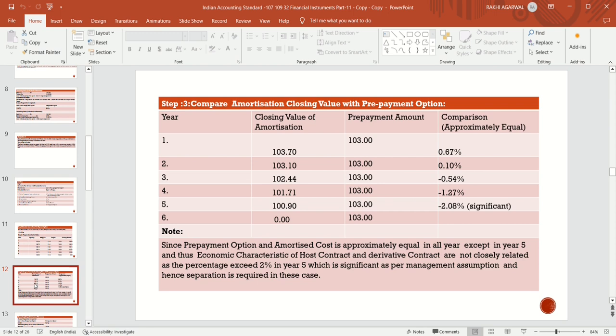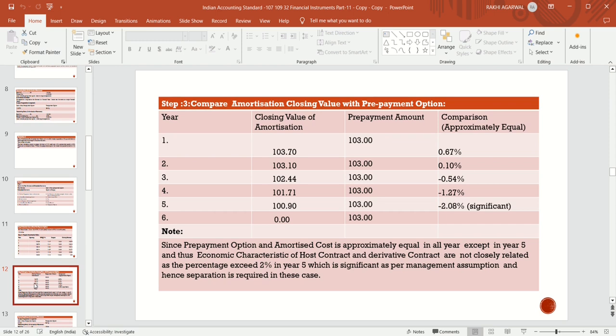But as per the institute guidelines, if the percentage is 2% or more, which is the significant percentage, then it will be treated as approximately not equal, and in that case, these are not closely related. As the percentage exceeds 2% in the fifth year, which is significant as per the management assumption, hence separation is required in this case.